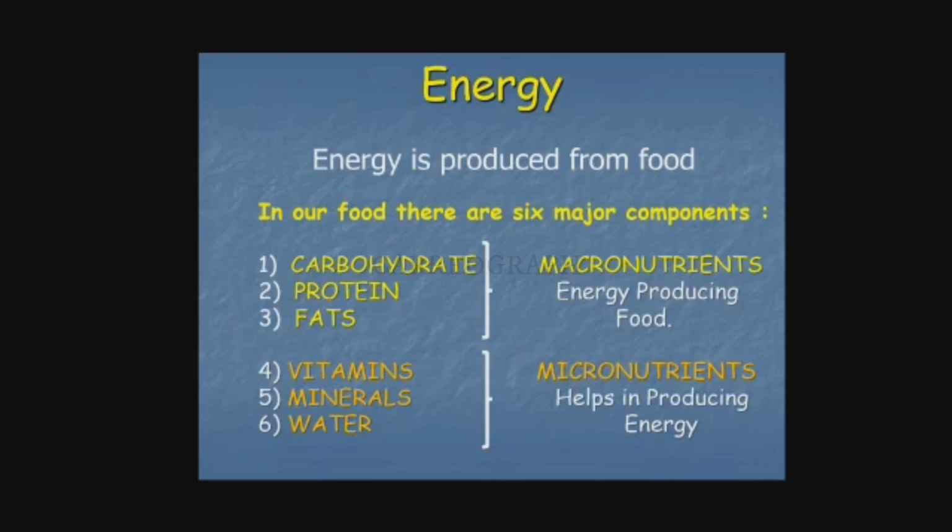Similarly, we have minerals like iron, magnesium, zinc, calcium, phosphorus, and all these are present in our food. So friends, we have seen the macronutrients as well as micronutrients, and these are responsible for the production of energy through the process of metabolism.